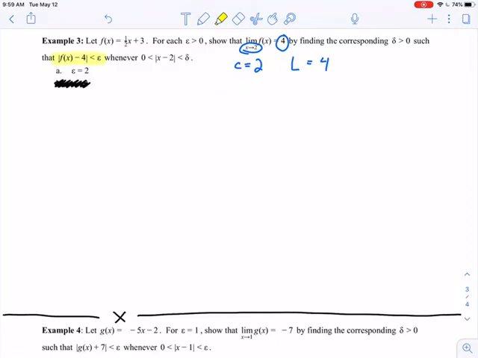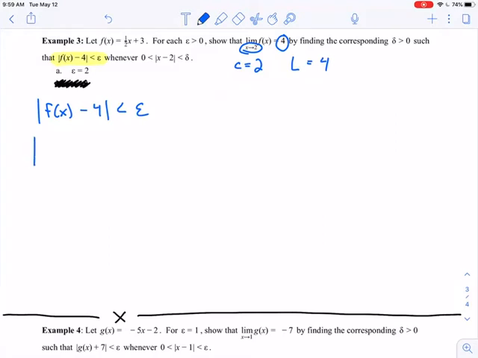I'm going to actually take my function and my epsilon value and plug that in. So let's just rewrite this here. I have absolute value of f of x minus 4 is less than epsilon. So I'm going to take the value of f of x and the value of epsilon. We'll plug this in.